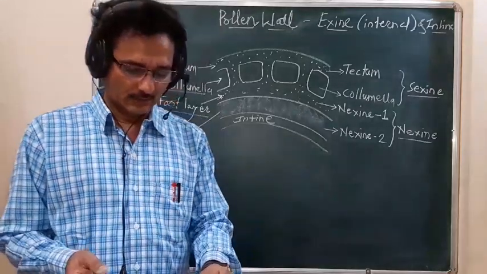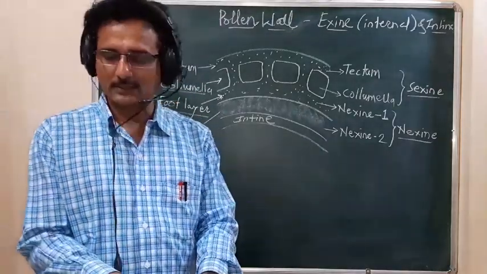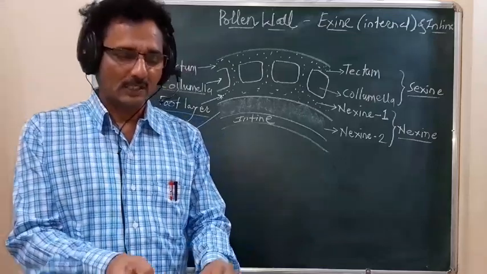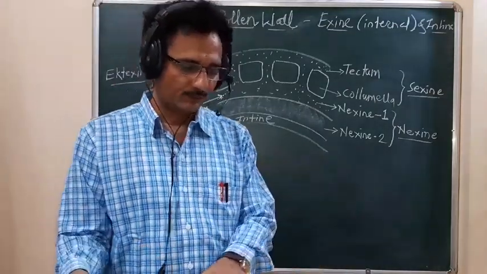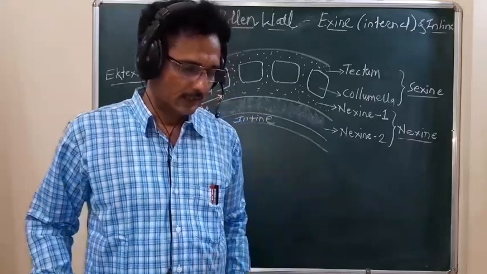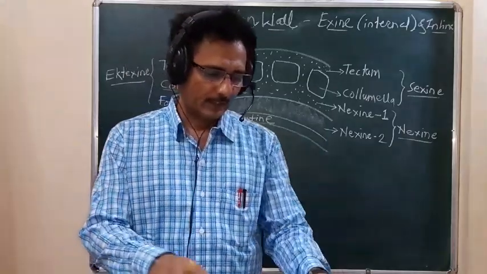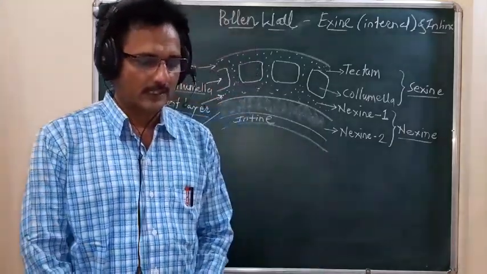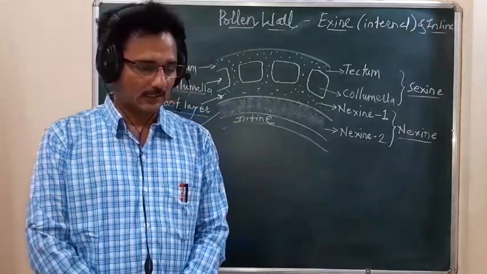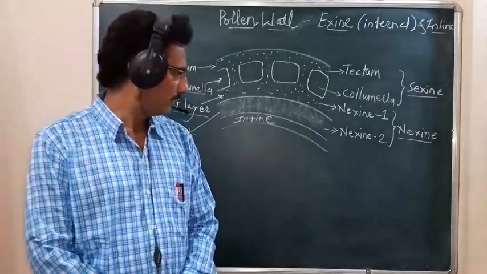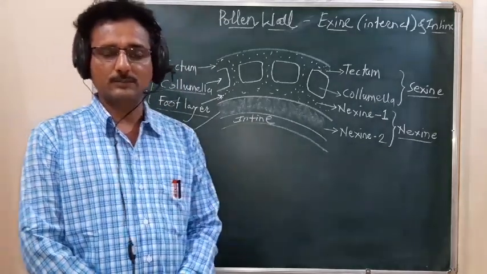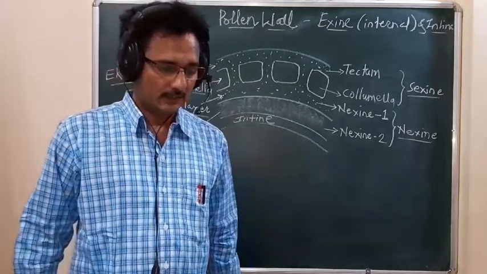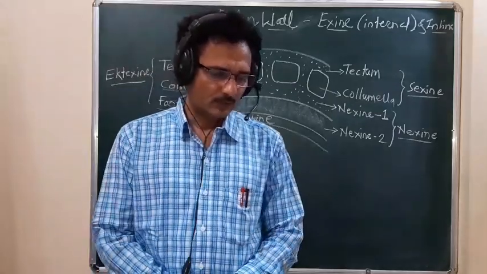Next, question number 51. The generative cell divides to form two male gametes. We have seen before that the generative cell forms the male gametes.